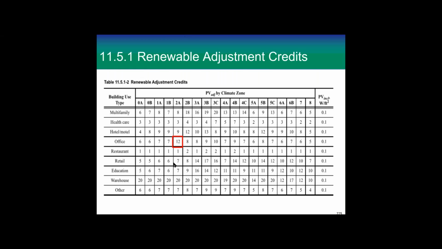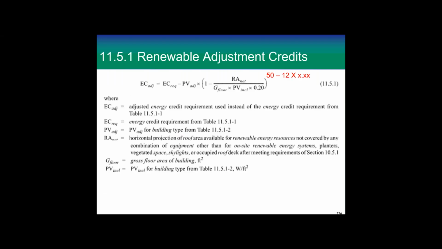And this adjustment, it just happens that 12 is the same number, but that doesn't tie to the other 12 we were using. And then you stick it in this equation, and you needed 50 points, and that goes here, 50 required, and the PV adjustment was 12.